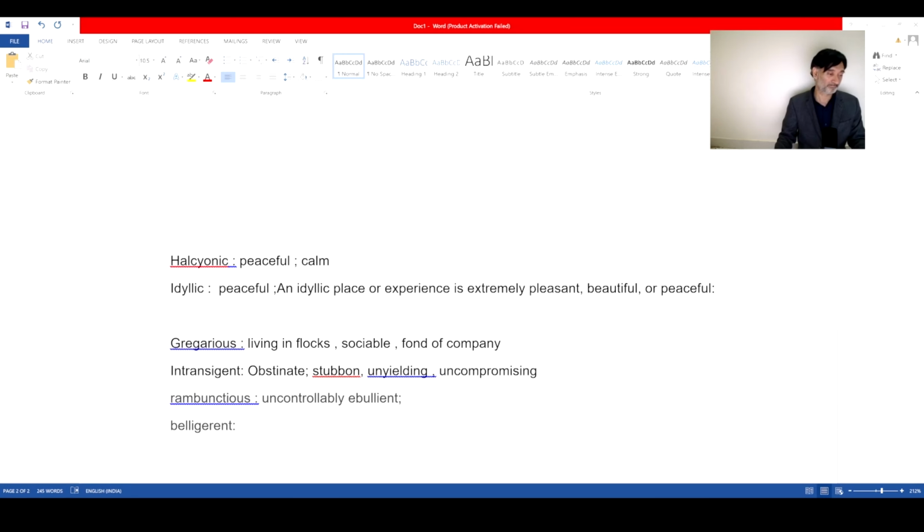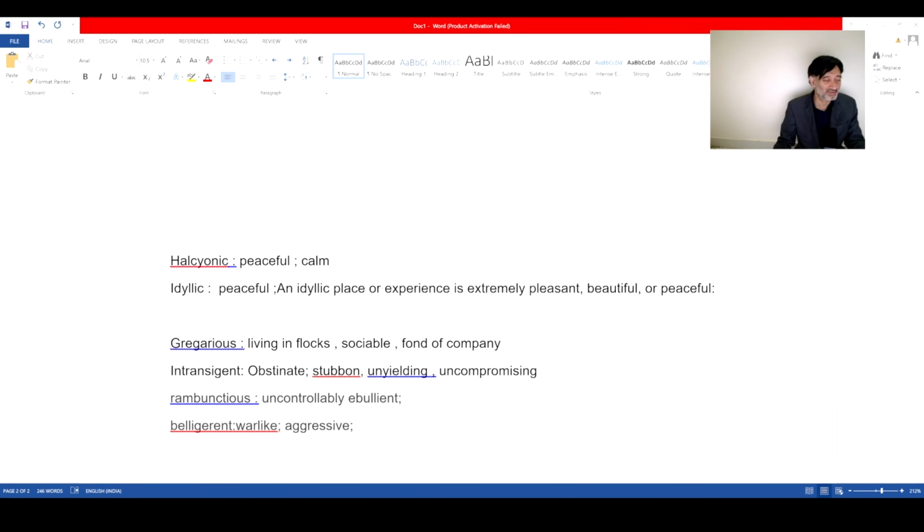Warlike. Let me write down the meaning as well. Warlike. Aggressive. So the tribals were belligerent. That's a sample sentence. So warlike, aggressive. I hope you got the meaning. It's a simple word.